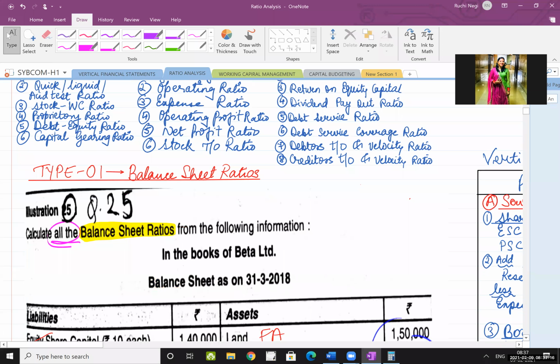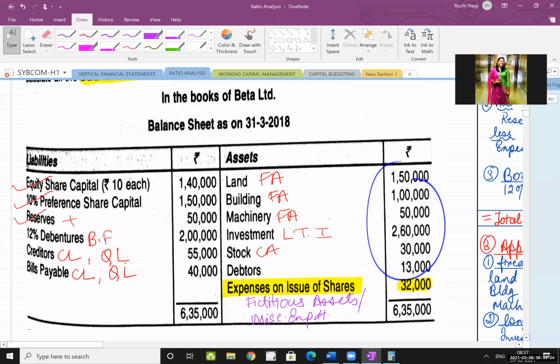So this is a balance sheet, from which I first have to make a vertical balance sheet. Okay. Since it's the first sum, I will teach you in that manner. Looking at the asset side, I have land, fixed assets; building, fixed assets; machinery, fixed assets; investments, these are long-term investments.